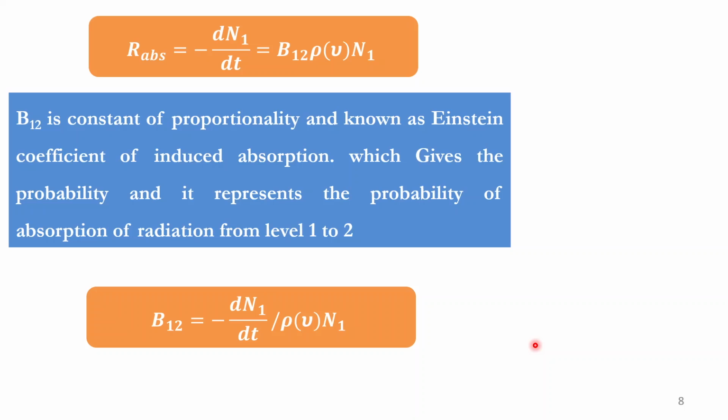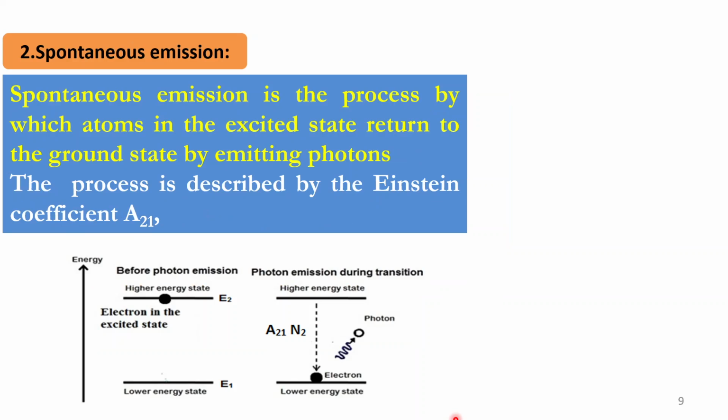That means Einstein considered this proportionality constant to be nothing but the probability of the absorption of radiation from the lower energy level to the upper energy level. Then we can write the Einstein coefficient of the induced absorption B12 is equal to minus dN1 by dt divided by rho of nu into N1.